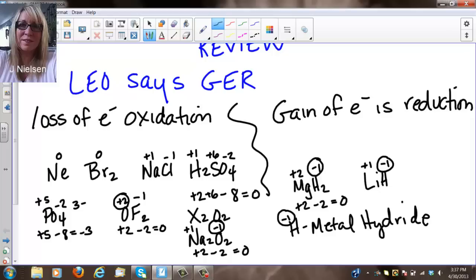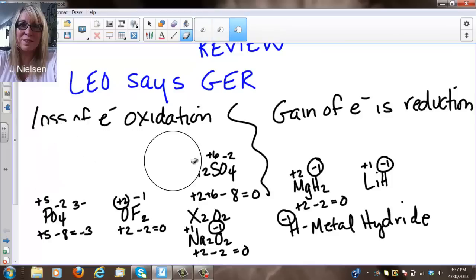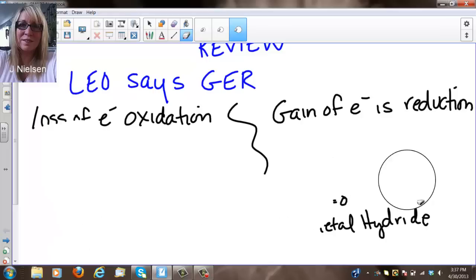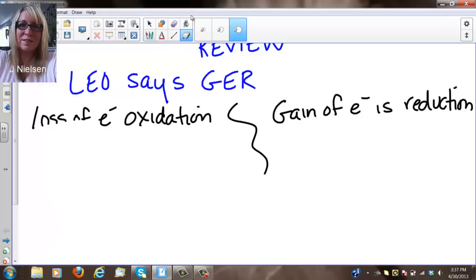So let's get back to loss and gain of electrons. I'm going to get rid of all this so I can continue right here. So loss of electrons, as we said, is oxidation.